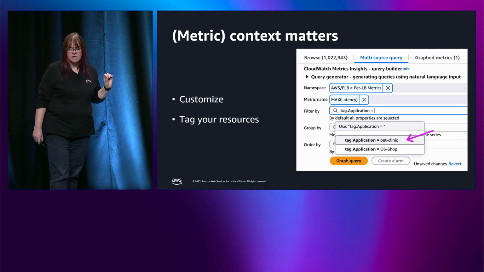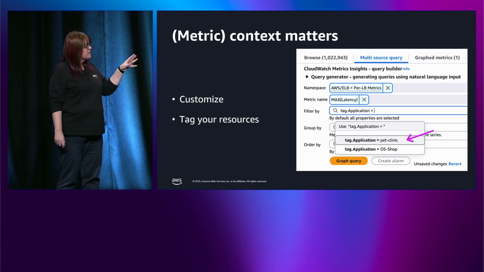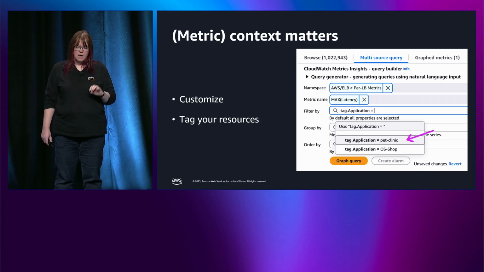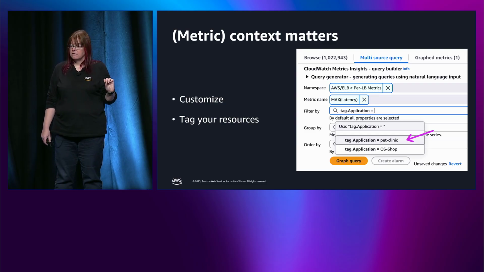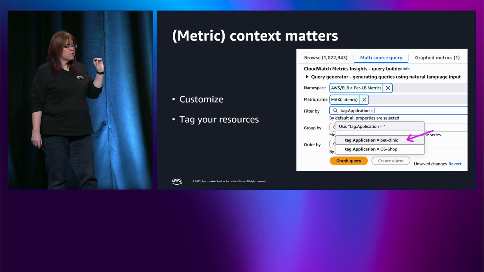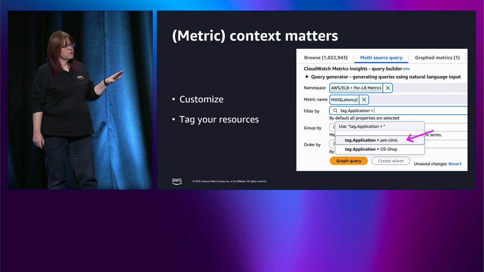For example, here, we're looking at load balancer latency, and we're building a metric insights query. I can access the application tag, name and value in my query. I can use them in both the filter and the group by so that I can get at the right data. I'll show you a bit more on this in a minute.